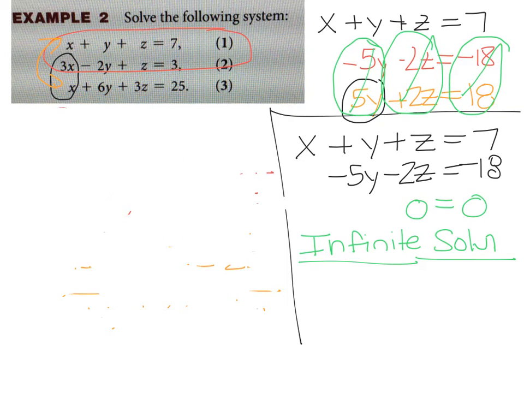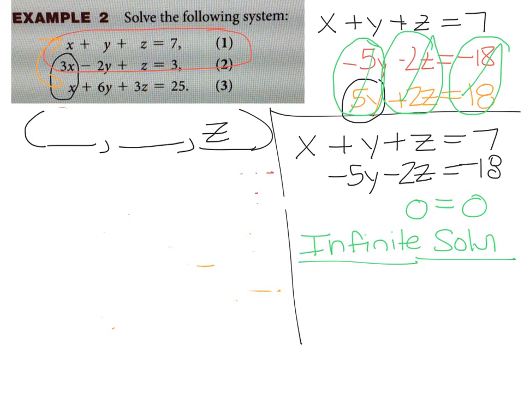Okay, so when you go to write your ordered triple, you need to come up with an expression for x, y, and z. In general, the expression is going to be dependent on one of the variables. I personally like to make the expression dependent on z. So I have the third term just stay as a z.